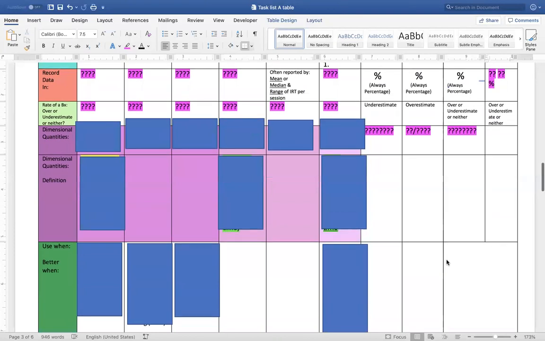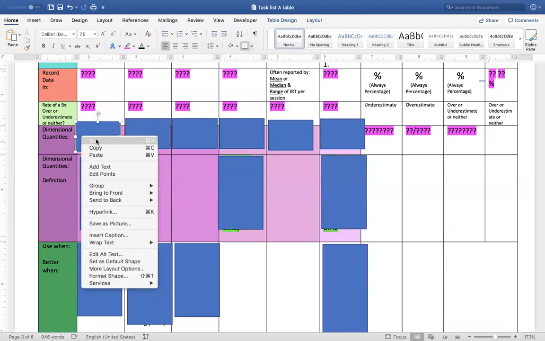Let's go one by one. For count and frequency, is it repeatability, temporal locus, or temporal extent? Repeatability. Awesome, guys.